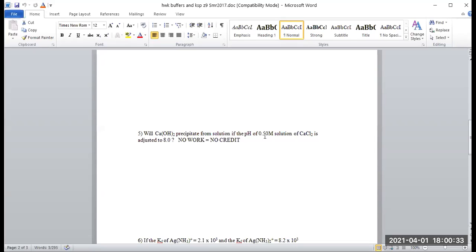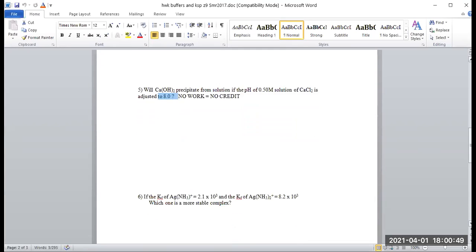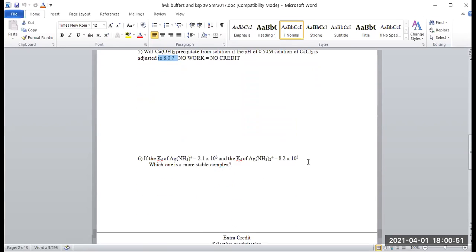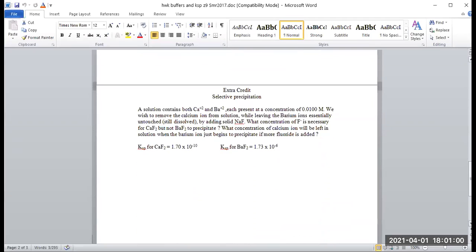Oh, okay, yeah. 0.5 is not acidic. 0.5 is actually the molarity concentration. Here's the pH. Okay, pH is 8. It's slightly basic, which will affect your solubility. And then there's a conceptual question predominantly on the Kf's. And if you would like to attempt it, there is an extra credit question that involves the selective precipitation. Obviously, you don't have to do the extra credit one to turn in your homework set.